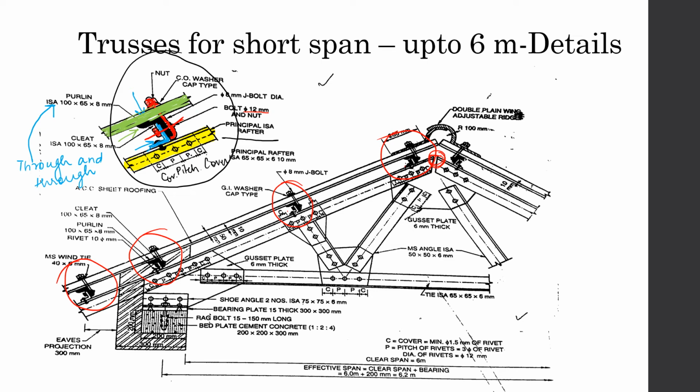Now, you have to understand that the truss is being placed at certain distances to make a covering, and over that the roof structure, the covering, is being provided, which is being held on by the purlins.